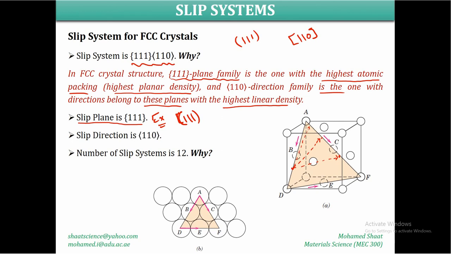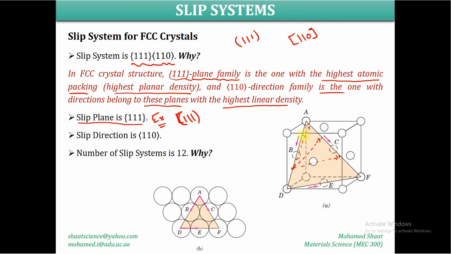The question is, which one or ones of the crystallographic directions that belong to this plane will be considered with the largest linear density? If we have done the calculation for all of these infinite number of crystallographic directions, we're going to find that there are three directions having the same largest linear density.